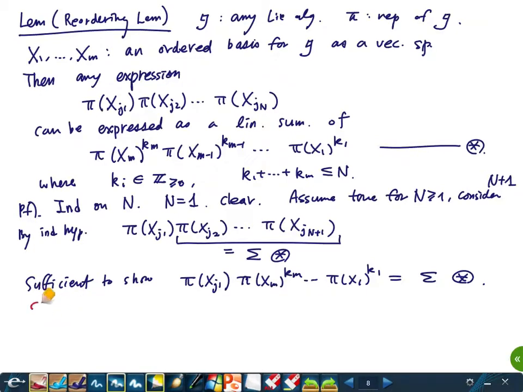So the strategy, the idea is simple. Move this to its correct position, maybe somewhere here between x_{j+1} and x_j.